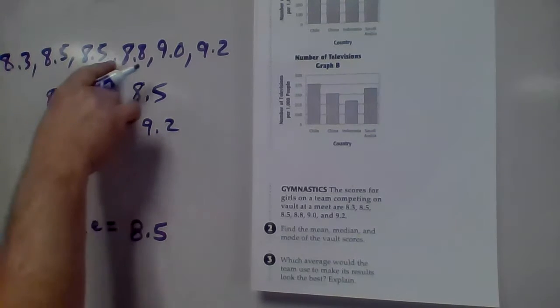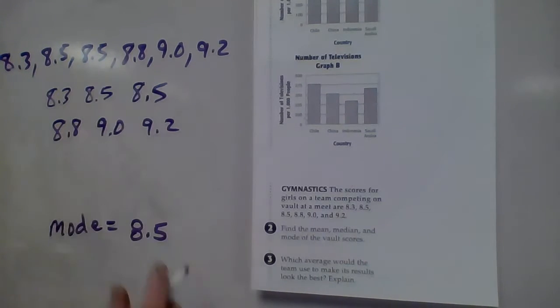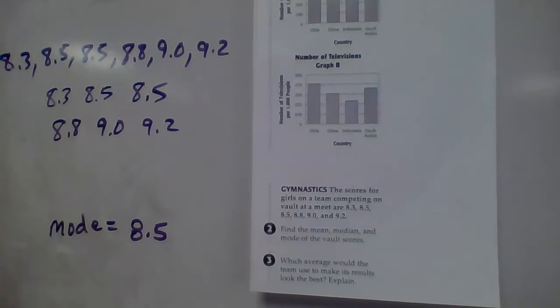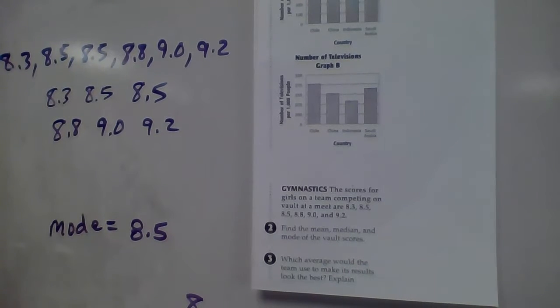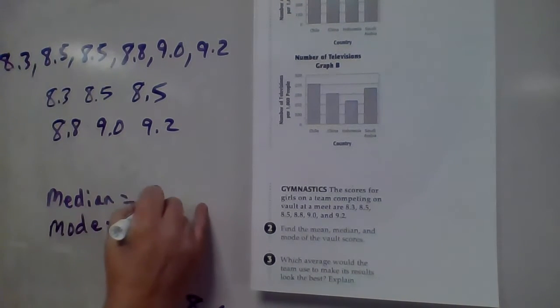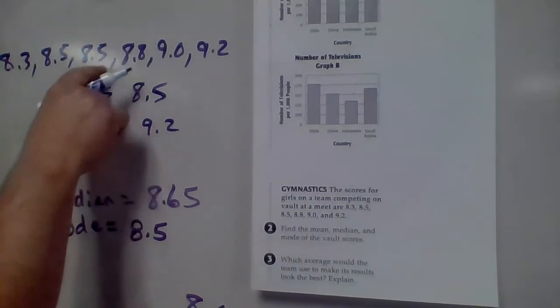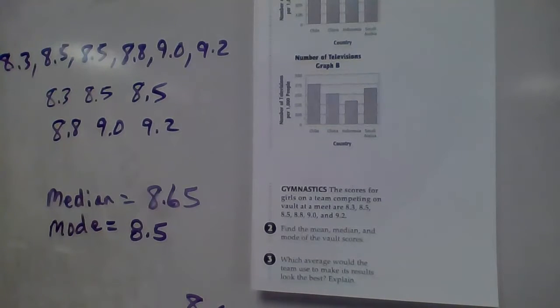That means we've got to add these 2 numbers together. That'll be 17.3. And then we need to divide by 2. 17.3 divided by 2 goes... I get 8.65 as my median. Okay, my median is 8.65 because it's the middle number of 8.5 and 8.8.